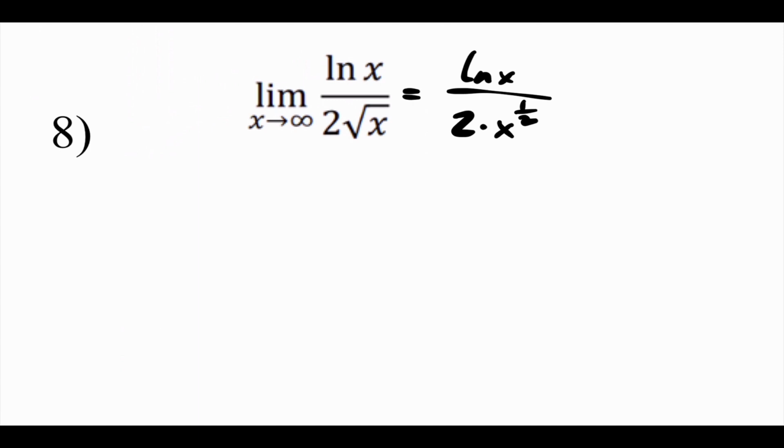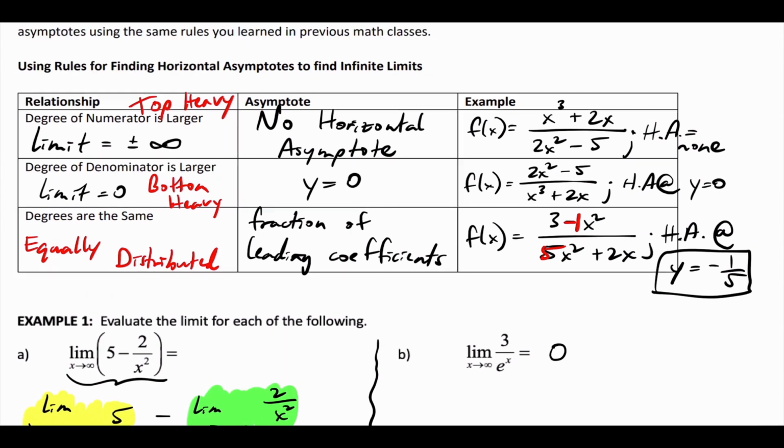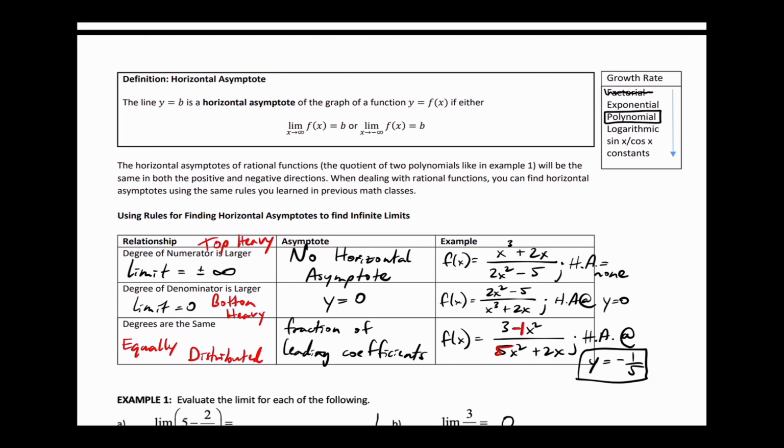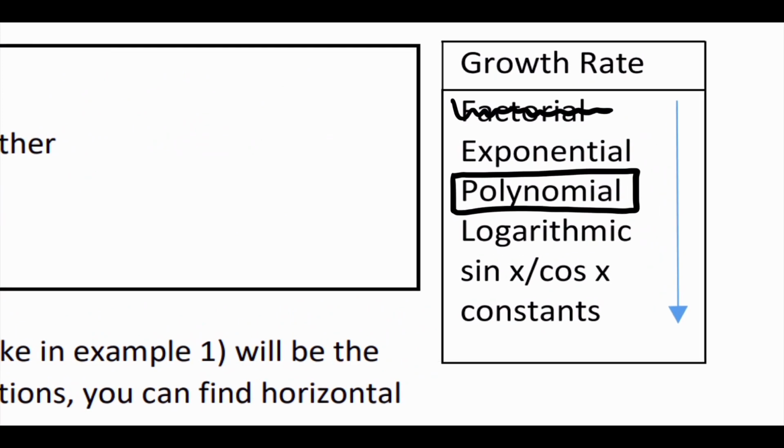The bottom has a power, the top has natural log. So right above this part was a growth rate. Which grows faster? Factorial, exponential, those are the fastest growing ones. The ones that grow the slowest are constants because they don't grow.